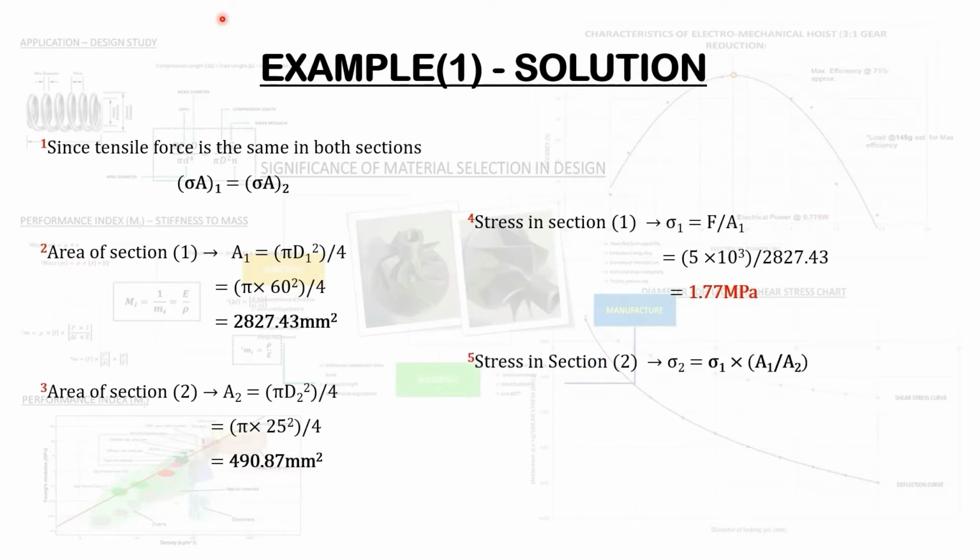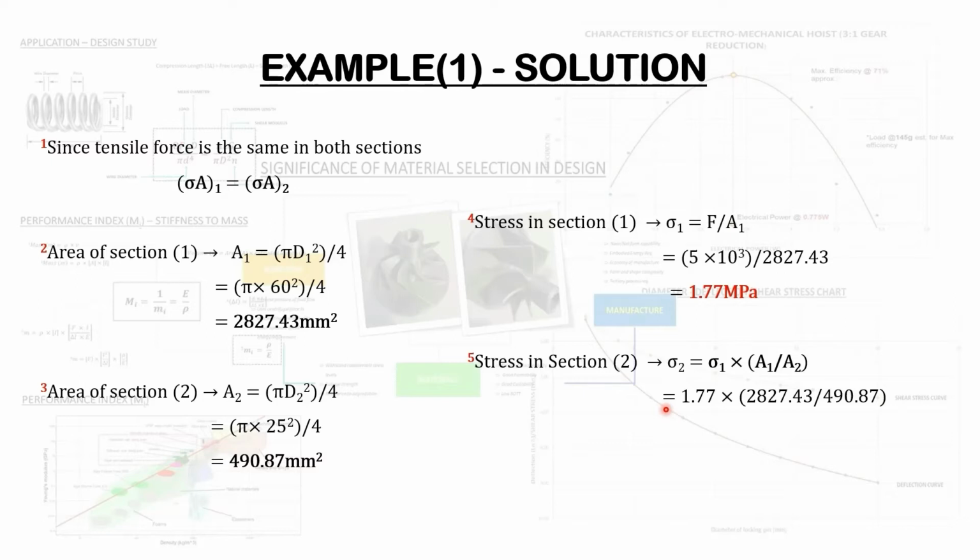So using the relationship that we've already established, if we assume that the tensile force is the same in both sections, sigma 1 times A1 is equal to sigma 2 A2. We can make sigma 2 the subject of this relationship, thus to predict the stress in section 2, sigma 2 is equal to sigma 1 times the ratio of A1 to A2.